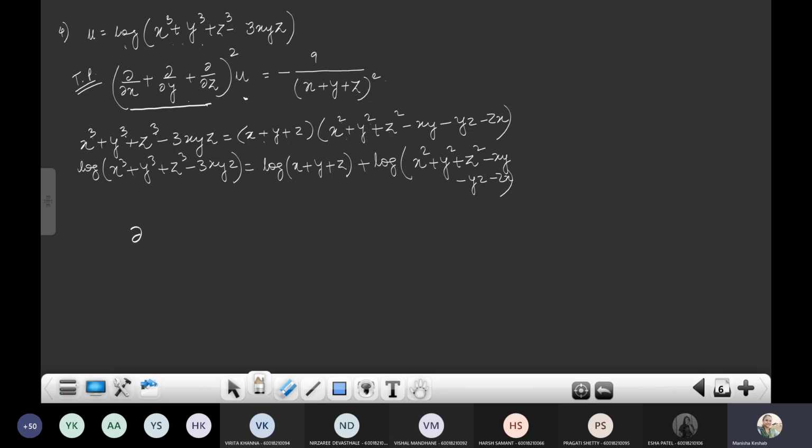If we consider only one operator, del/del x, then it is directly del square/del x square. So what does this mean? That del/del x is again operating on del u/del x.